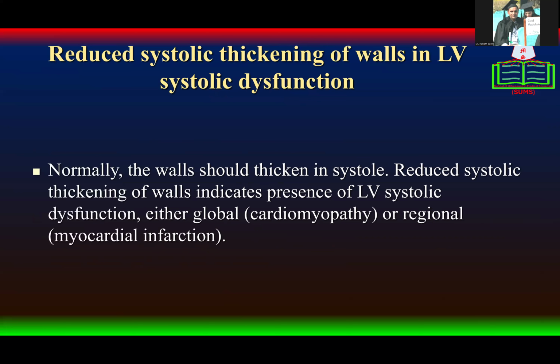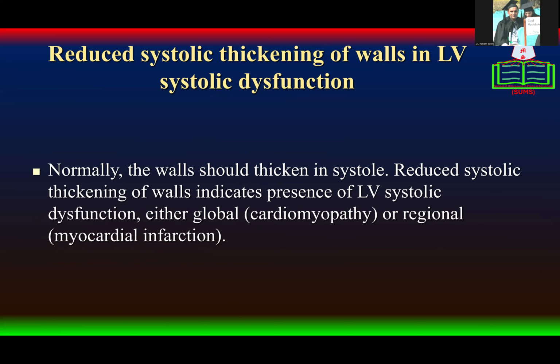Reduced systolic thickening of the wall indicates left ventricular systolic dysfunction, because normally during systole the wall, that is the interventricular septum or posterior wall, will thicken as compared to the diastolic dimension.